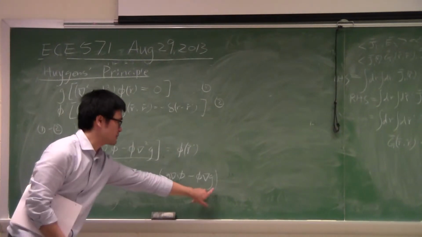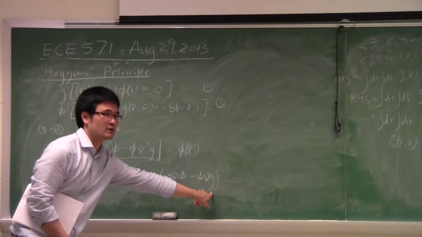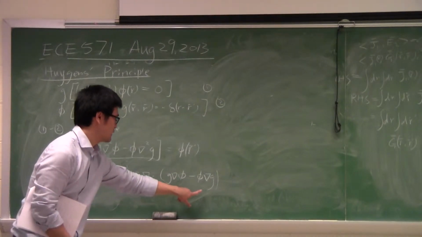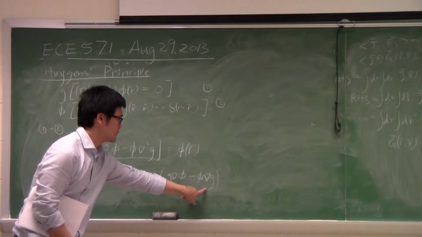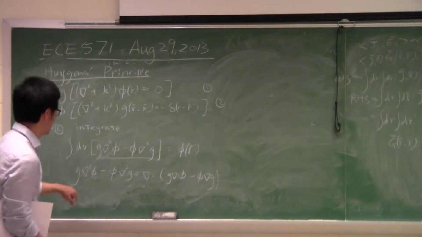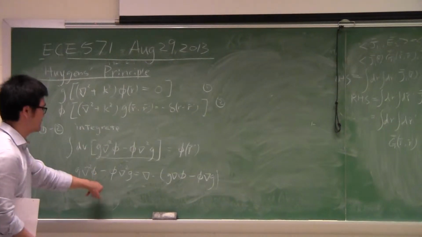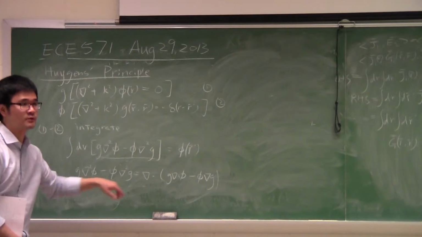And divergence of this will also break into two terms. And two of them will cancel each other, and it will be left with the Laplacian of phi, and the other two will be the Laplacian of G.